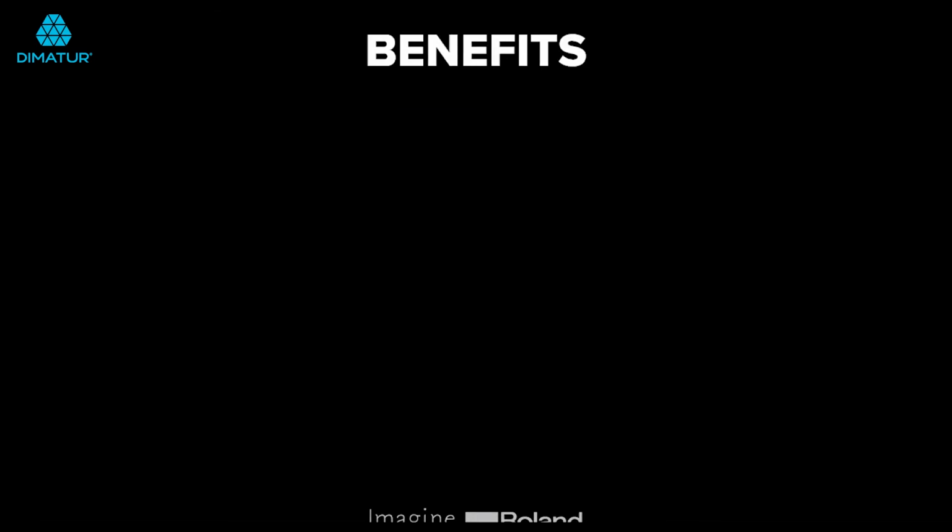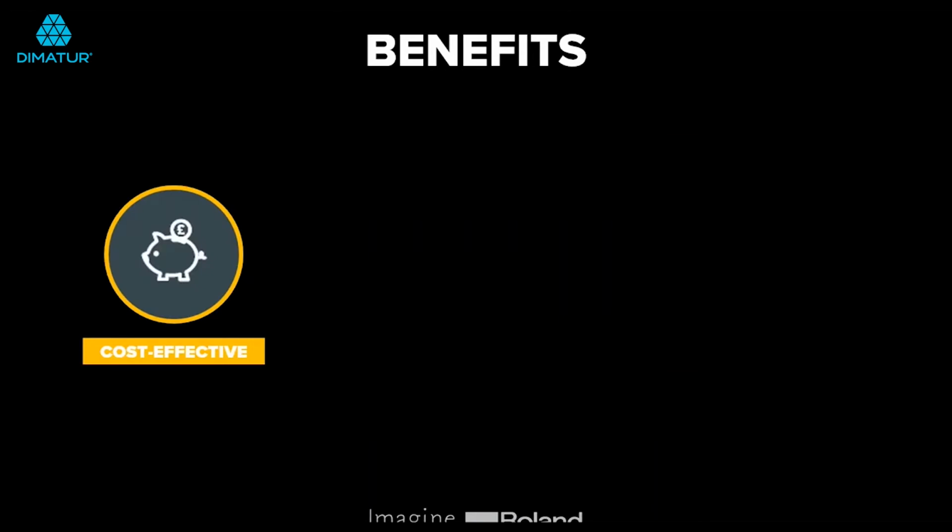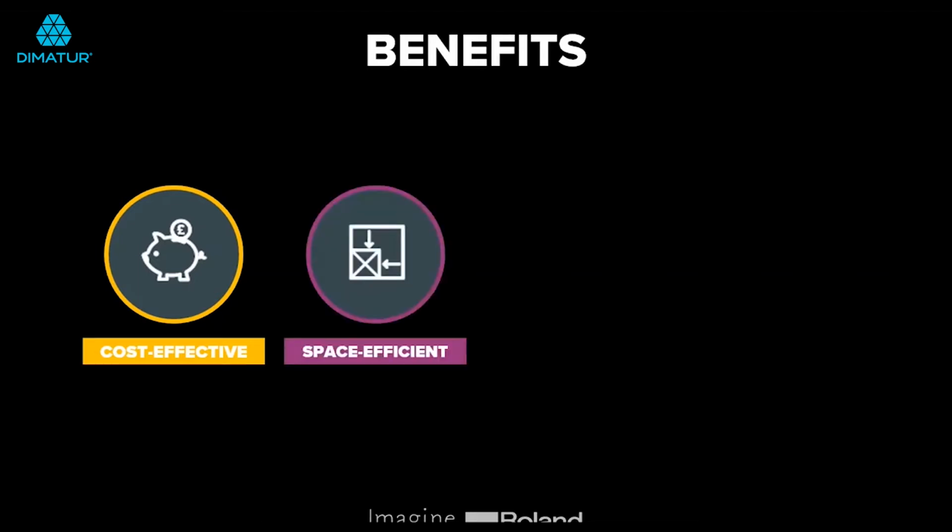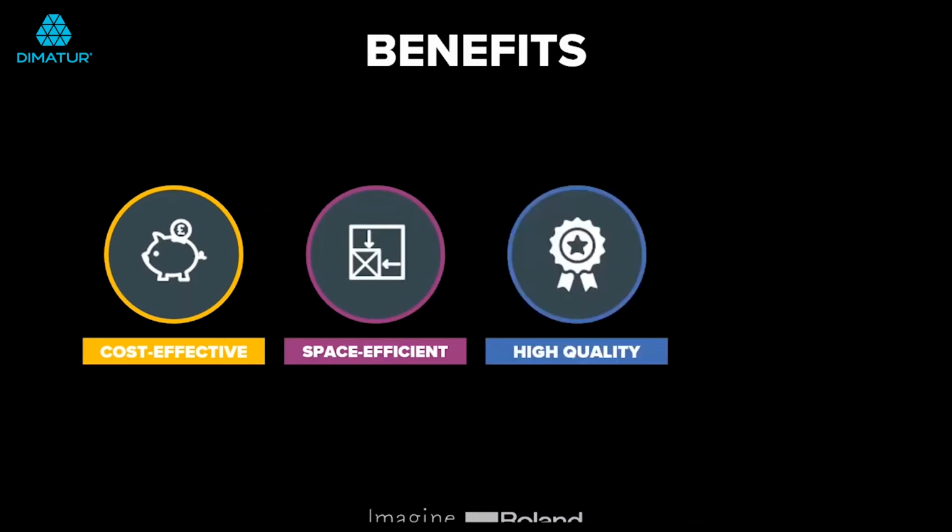In terms of the benefits of print and cut, it's a cost-effective solution. Because you have your printing and cutting in one device, that allows you to just have one device and integrate the two together. Also, you can actually purchase a printer and cutter separately as well, but it's worth thinking about the space that you've got available when doing that.